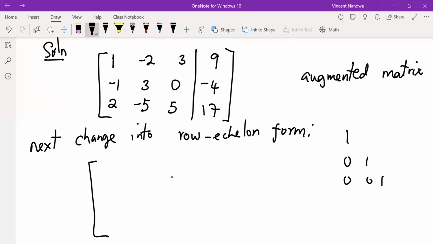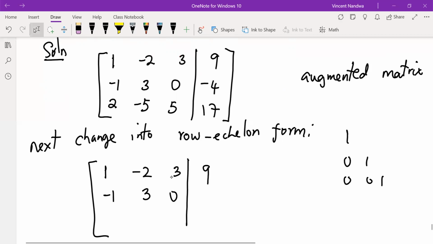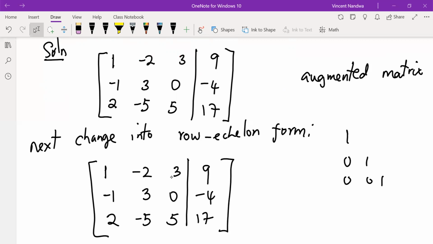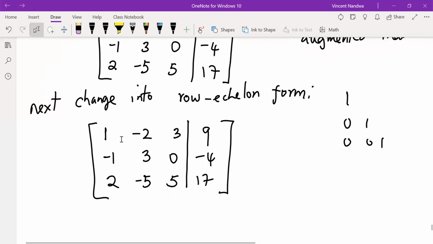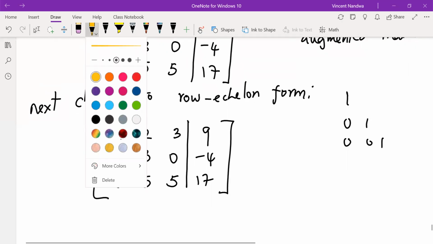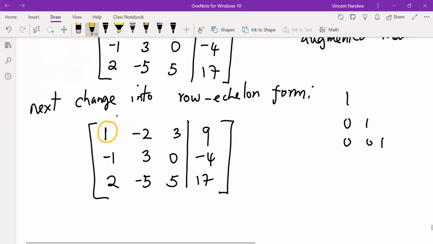So we have 1, minus 2, 3, 9, minus 1, 3, 0, minus 4, 2, minus 5, 5, 17. The first position is in the correct form. This is 1, so we make the entries below it 0.